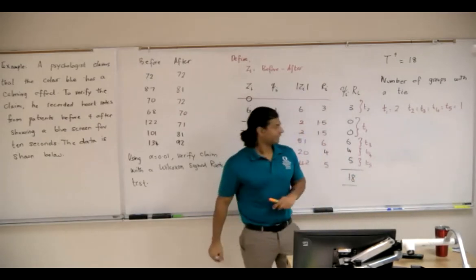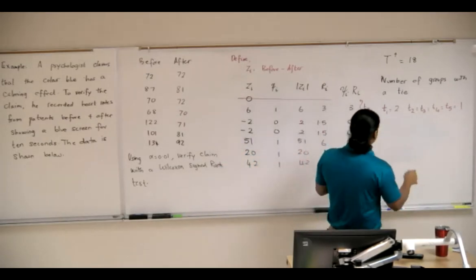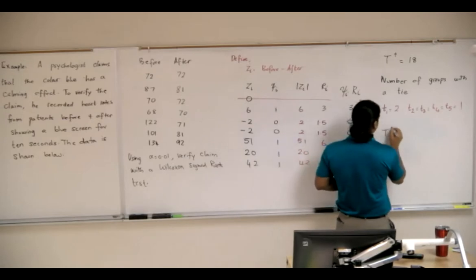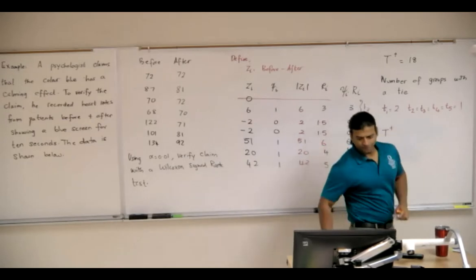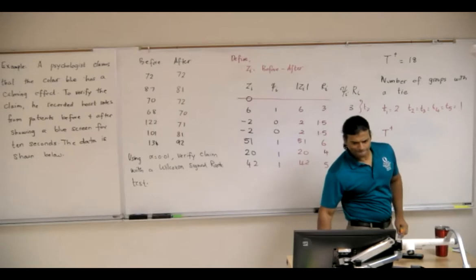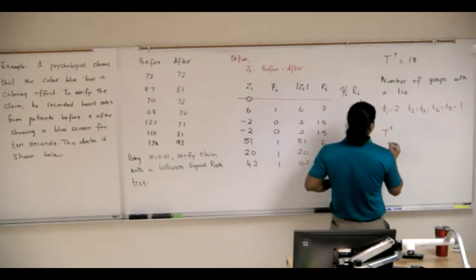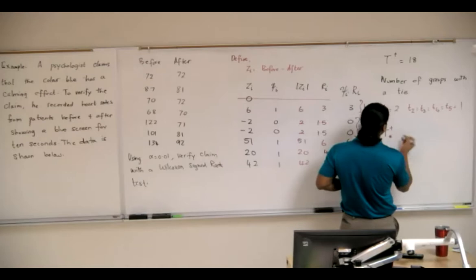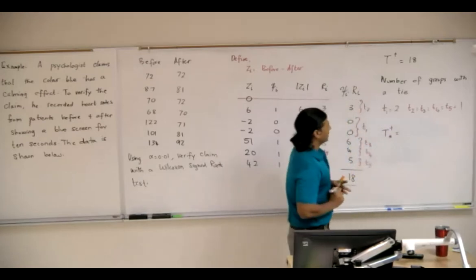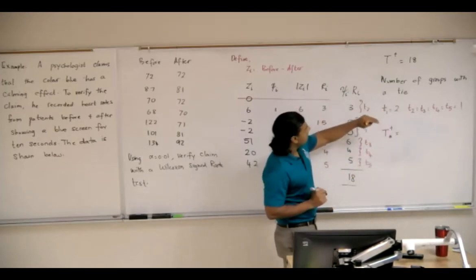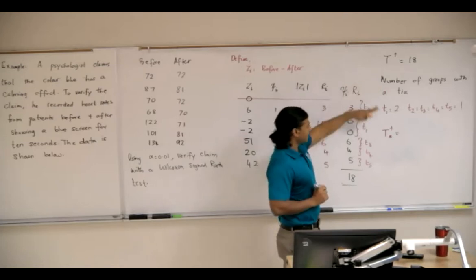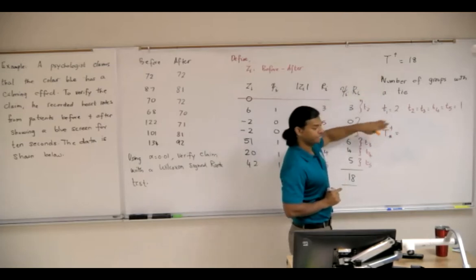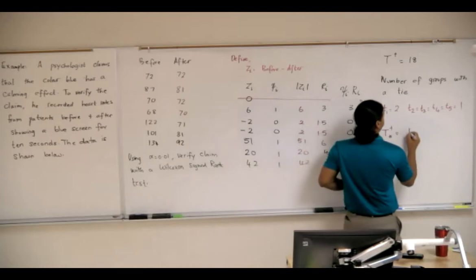Agreed. Well, why should we do this? I'll just put a star here, T star. Now, T star will not change. In other words, even with the ties, we can keep it at 18.